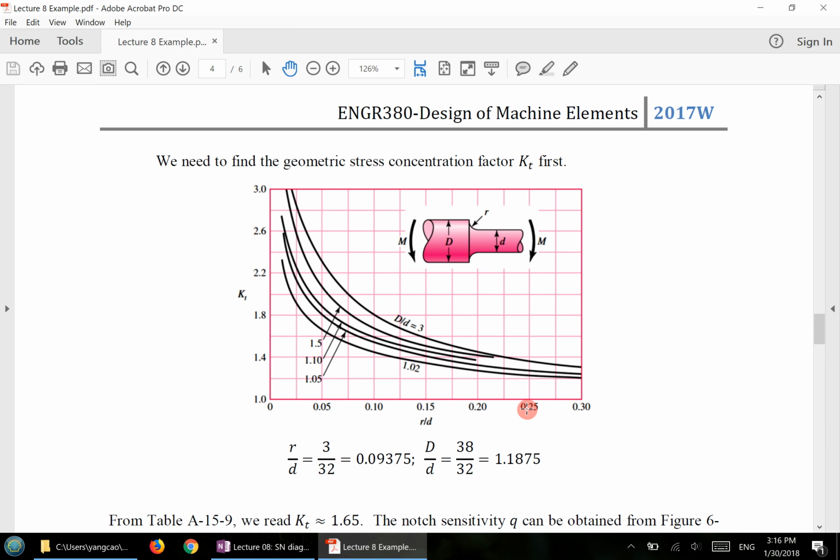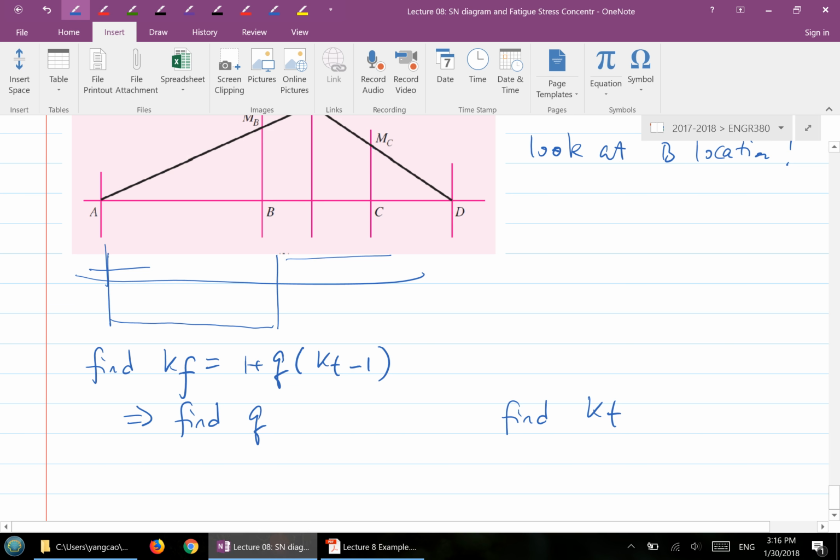It exactly matches the current question: you have a stepped shoulder, a fillet radius, and constant bending applied on a rotating shaft. This is figure A-15-9, which you need to look at to find Kt.